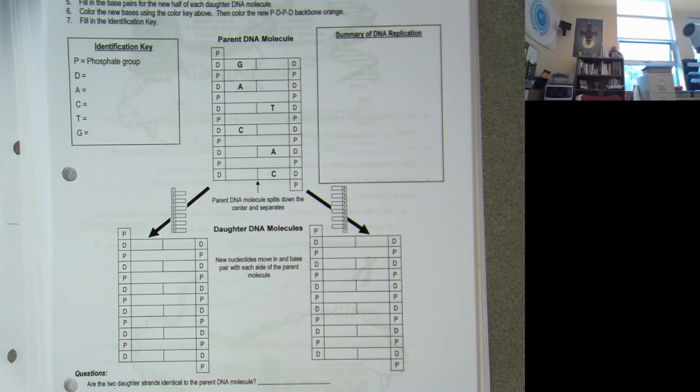What does the D here stand for? Because what should this be? The backbone. So the backbone is made up of what? And what's the name of the sugar? That is a name of a sugar.